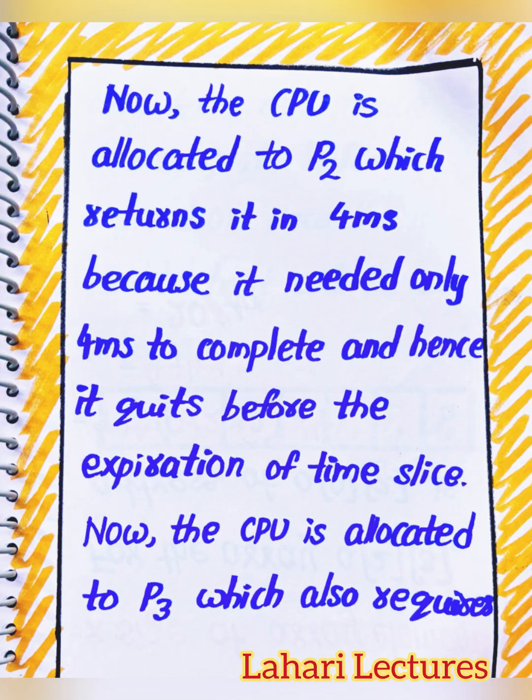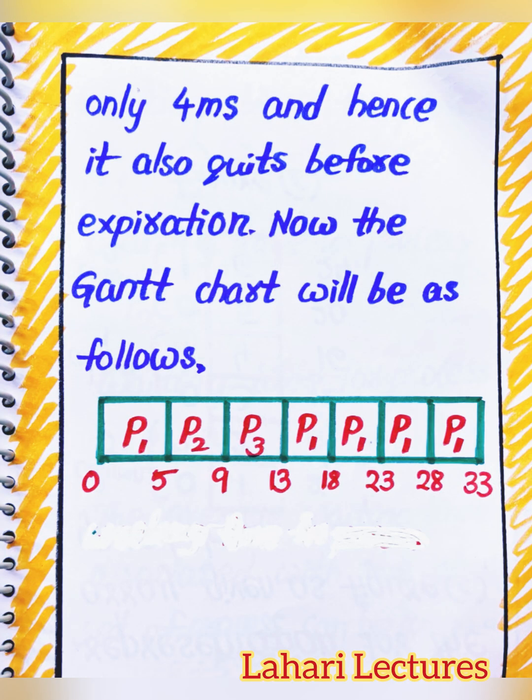Now, the CPU is allocated to P2, which returns it in 4 ms because it needed only 4 ms to complete, and hence it quits before the expiration of the time slice. Now, the CPU is allocated to P3, which also requires only 4 ms and hence it also quits before expiration.